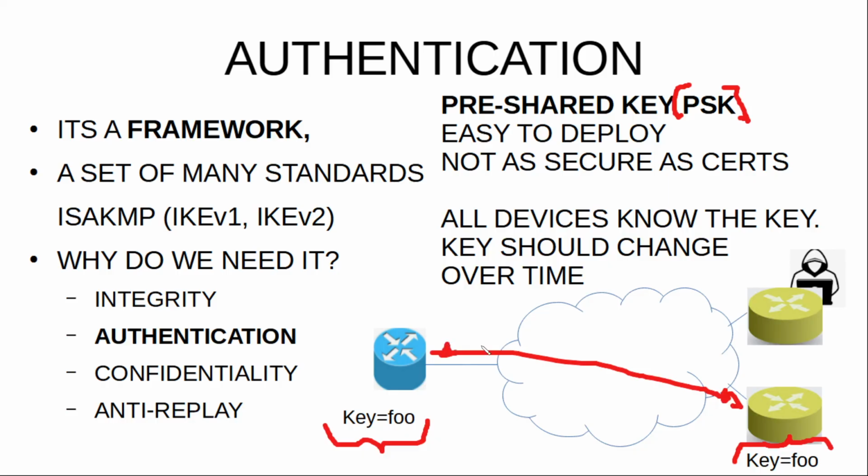So a third party will not know this key, so it will not be able to authenticate. It is easy to deploy. It is not as secure as other methods because over time the third party can guess the key. So you must use a hard to guess key, and you should change it over time as best practice. So all devices must know the key.